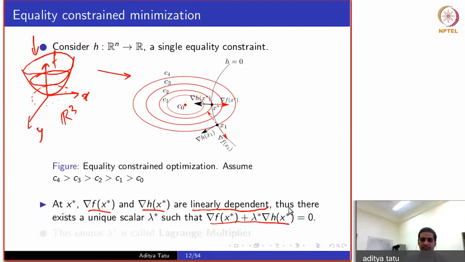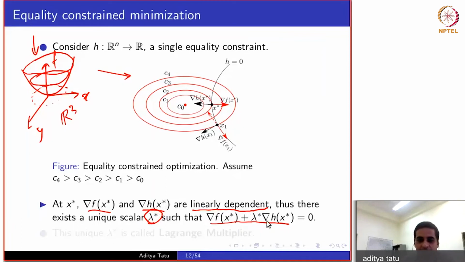And the important thing here, again, is this is a concept where a lot of students get confused. This lambda is a unique number, it cannot be any number. You are trying to express one vector in terms of the other vector. Since these are two specific vectors, this lambda also has a specific value. It cannot have any random value you like.